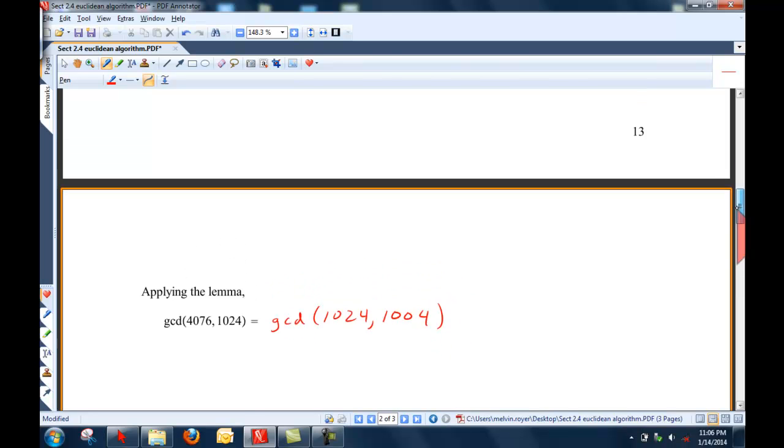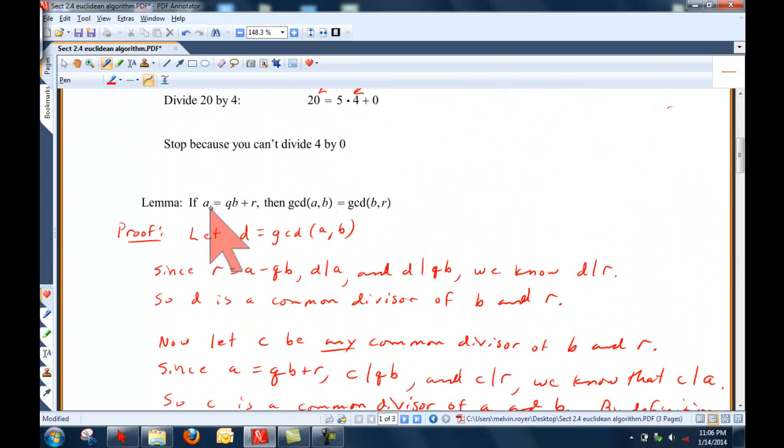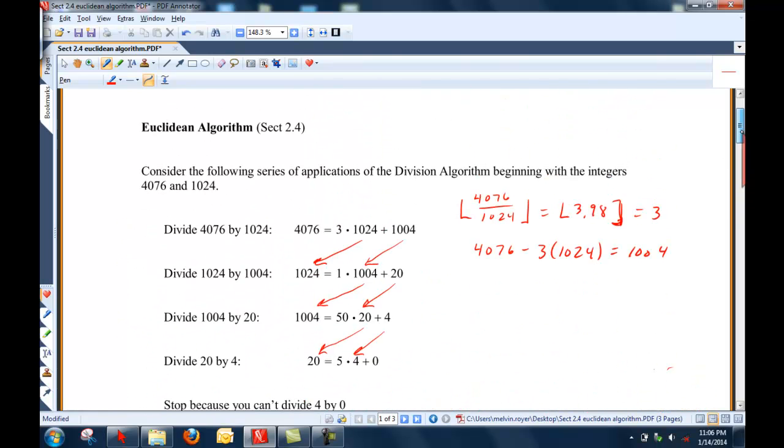Again, notice that the lemma says that the GCD of the dividend and divisor is equal to the GCD of the divisor and remainder. So here, the GCD of the dividend and divisor is equal to the GCD of the divisor and the remainder.